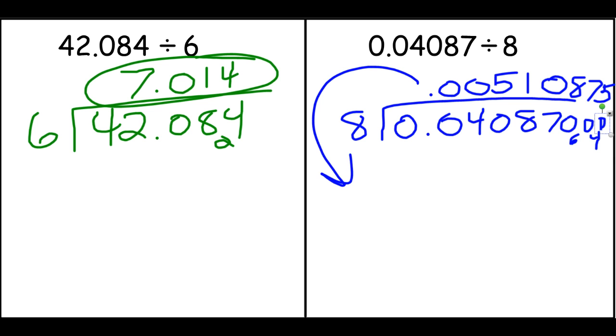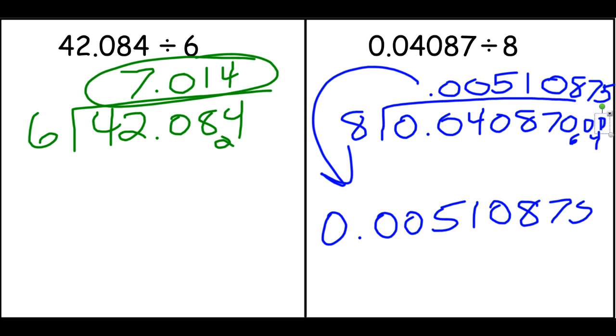So the long decimal division gives us a quotient of 0.0510875. And so here we have tenths, hundredths, thousandths, ten thousandths, hundred thousandths, millionths, ten millionths, hundred millionths. So 510,875 hundred millionths.